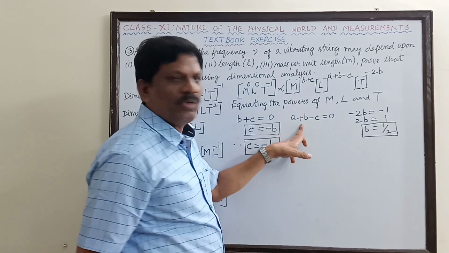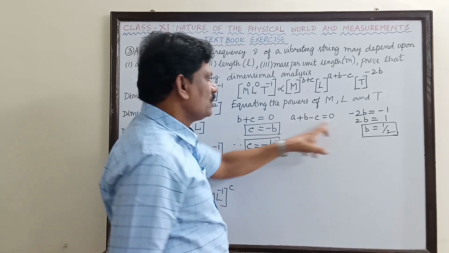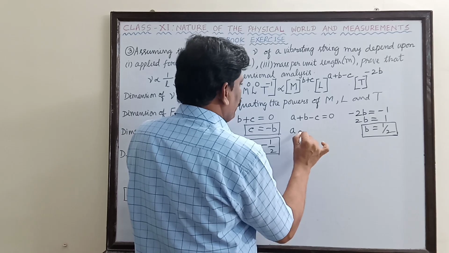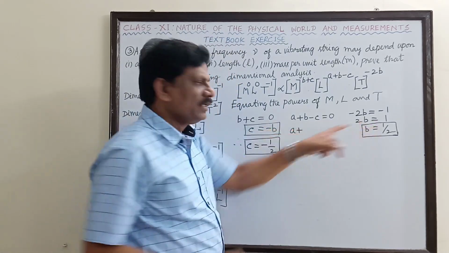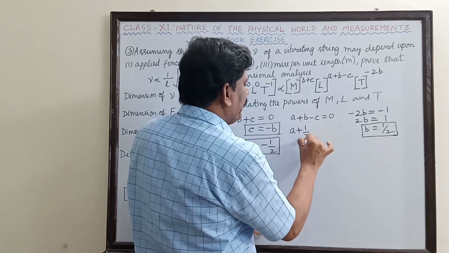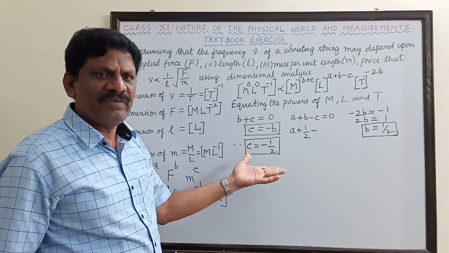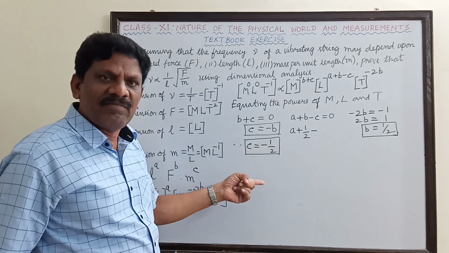That I am going to substitute in the middle term. a plus b minus c equal to 0. So we have to find the value of a. So a plus, what is the value of b, children? 1 by 2. So I substitute 1 by 2 minus of, what is c actually? c is minus half.